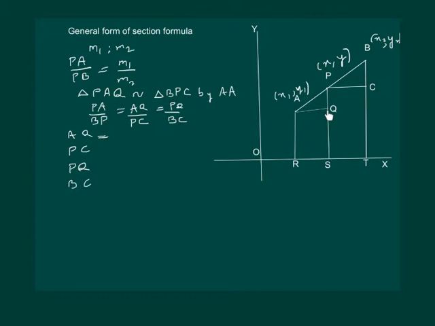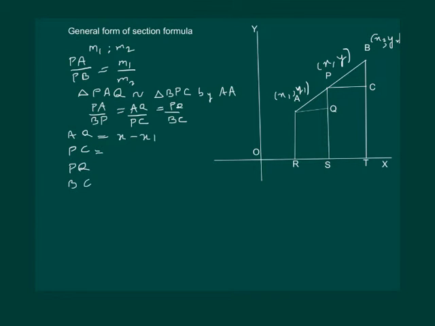AQ will be OS minus OR, but OS has to be X as coordinates of point P is X, Y. So X on the x-axis and OR will be x1, so it comes out to be x minus x1.